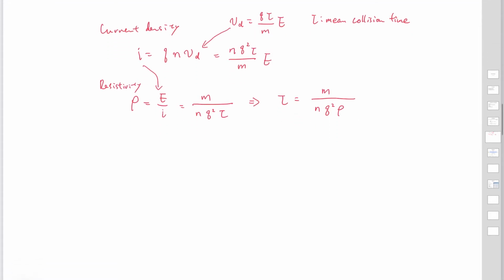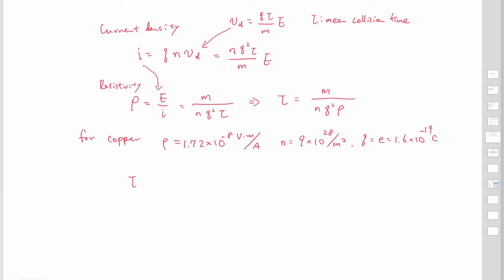For example, for copper, rho is 1.72 times 10 to the minus 8 volt meter per ampere. The number density of electrons is 9 times 10 to the 28 per cubic meter. And the charge q of an electron is 1.6 times 10 to the minus 19 coulombs.